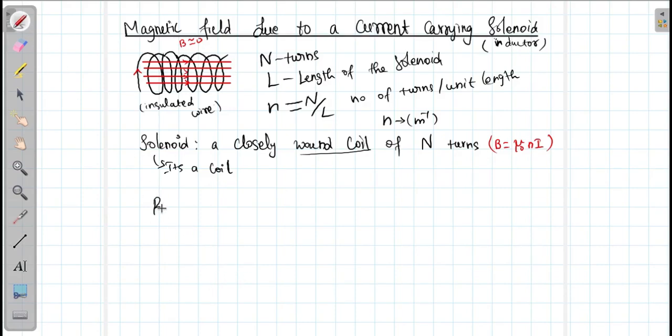The magnetic field B inside is mu naught n I. At the two ends of the solenoid, the value will become half of the actual value, that is, half times mu naught n I. Just keep this in mind.